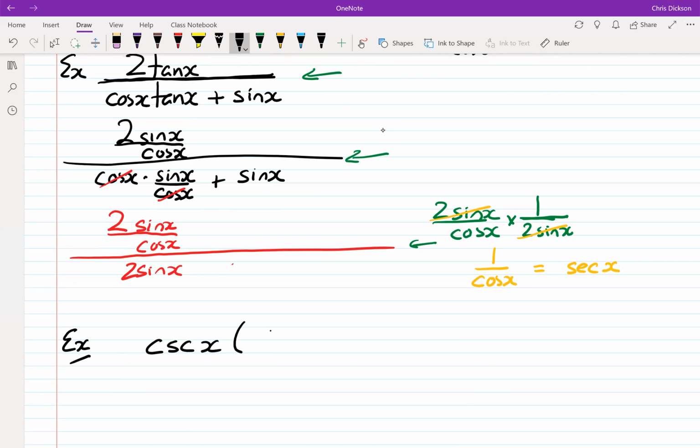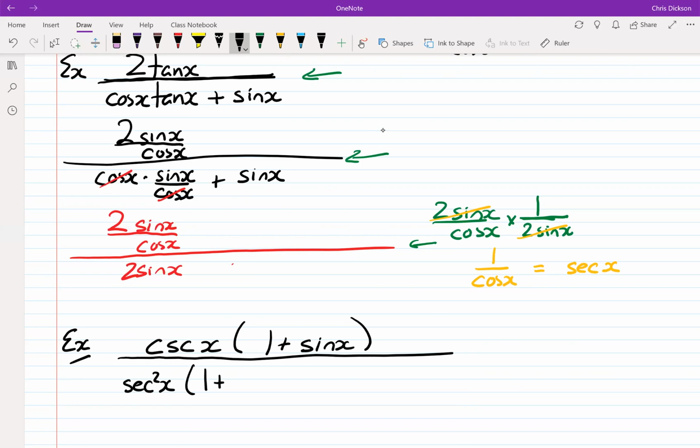1 plus sine x, all over the secant squared x times 1 plus cosecant x, minus tan of x, times the secant of x plus the tangent of x.